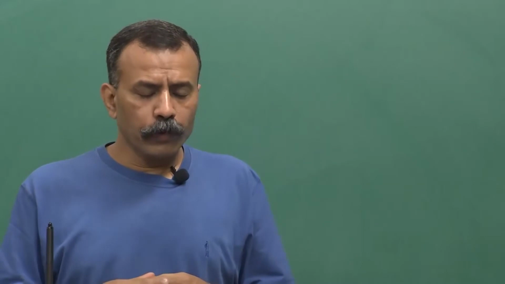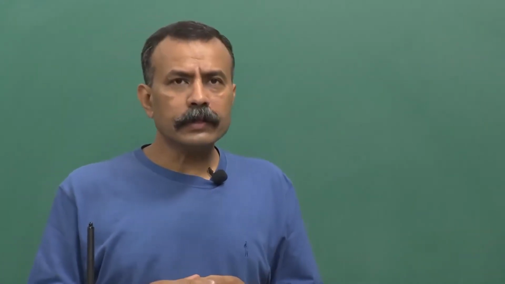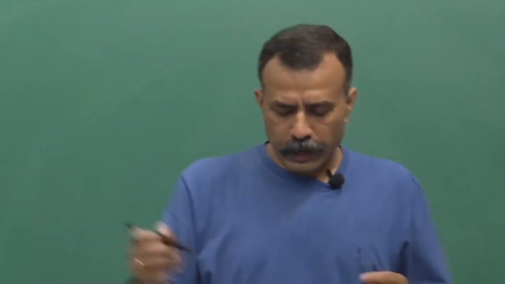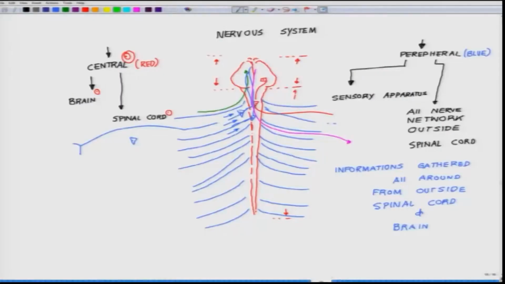Okay. So, before I proceed, let us revisit the anatomical aspects. If you remember, this is what I have covered with you: the central nervous system, brain and the spinal cord, and the peripheral nervous system, all the nerve network outside the spinal cord, with information gathered from outside and sent to the spinal cord and brain.